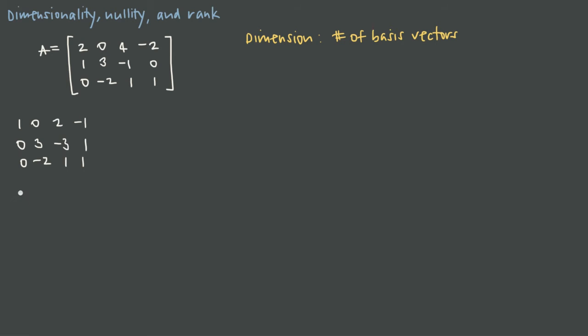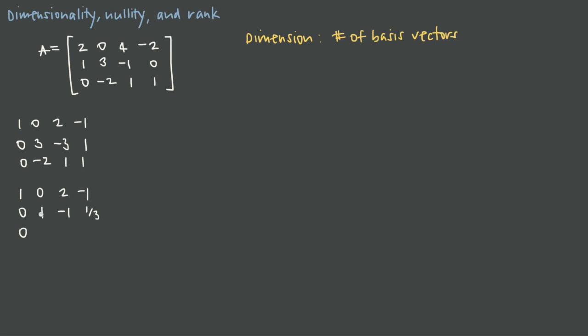Now let's divide through the second row by 3 in order to get a 1 in this pivot position here. So 0 divided by 3 is 0. We'll get 1, -1, and 1/3. And then for the third row here, let's take 2 of this second row and add it to the third row. So we'll get a 0 here.